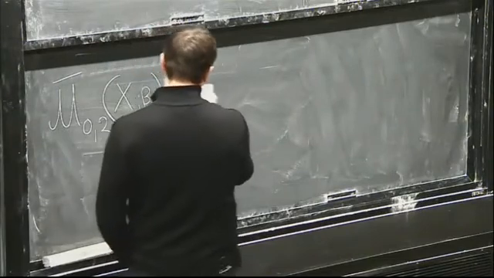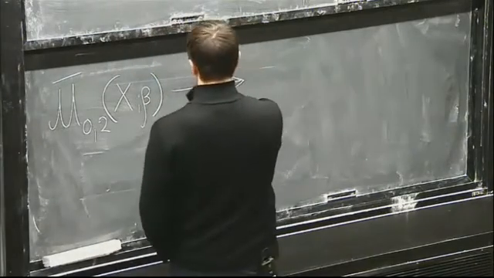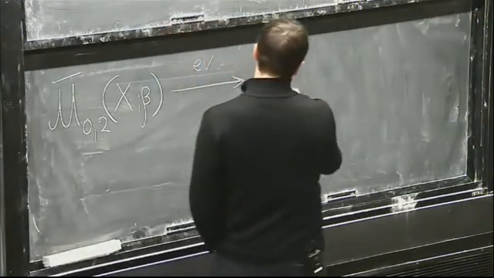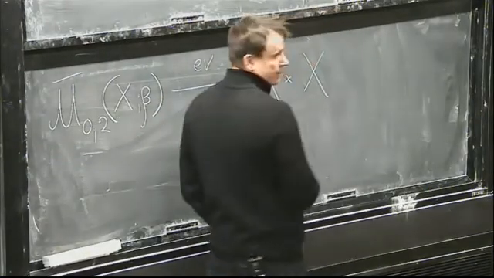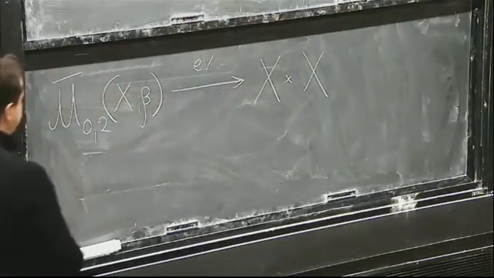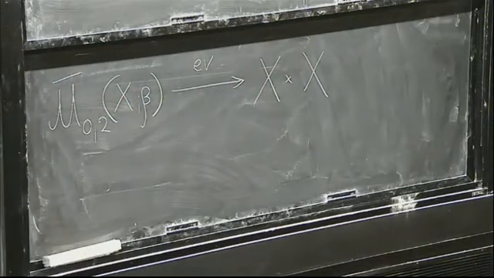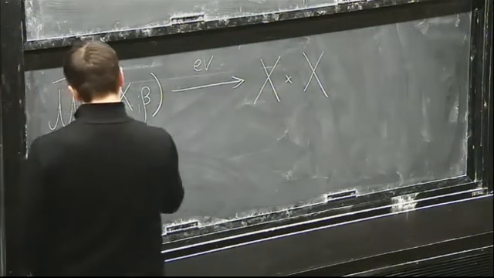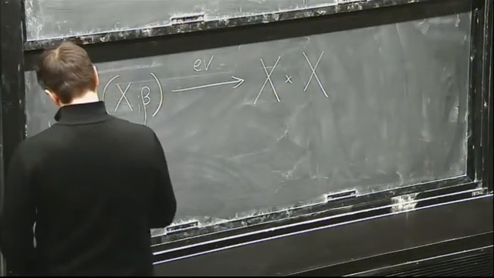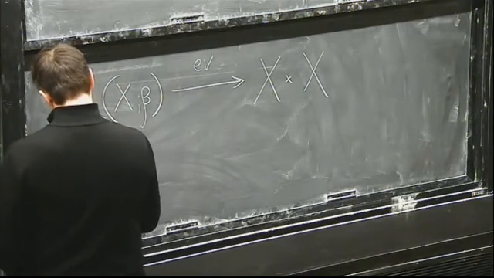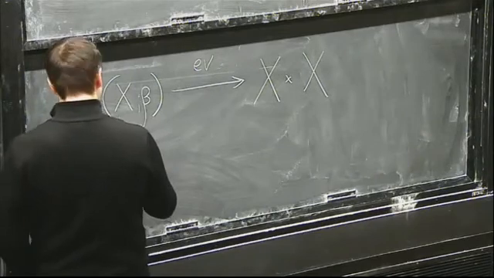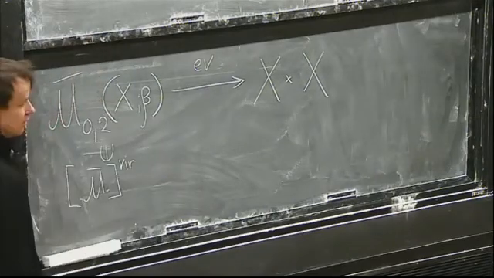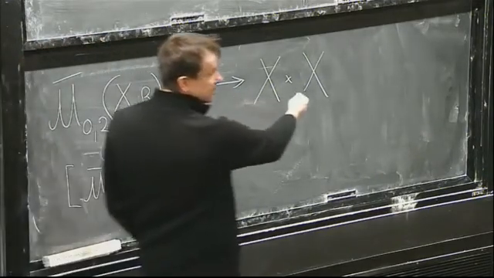This has evaluation maps at the two marked points going to X cross X. Starting from the very first talk by Jason, we were discussing an element here, the virtual fundamental class, which I can push forward to get an interesting element in homology.